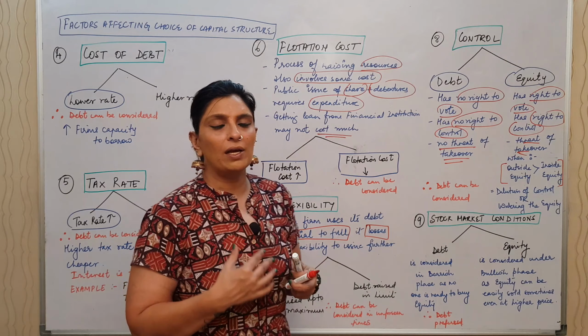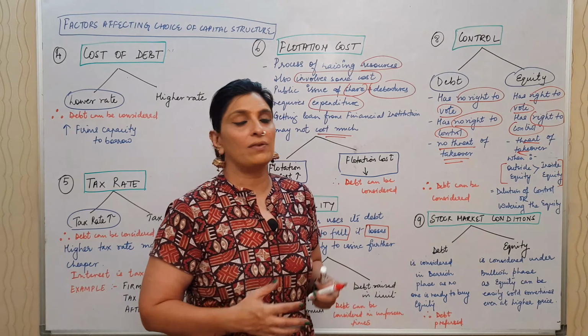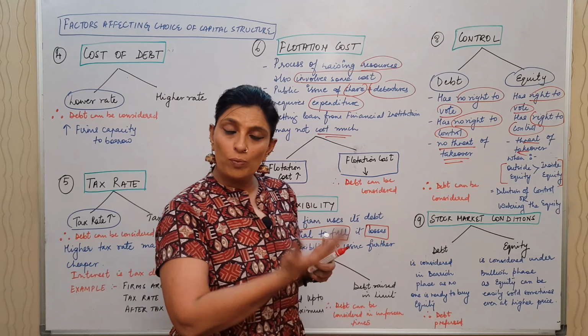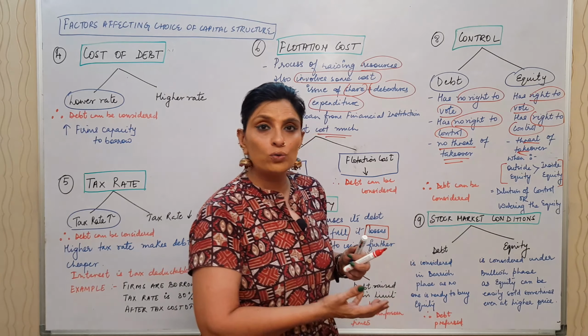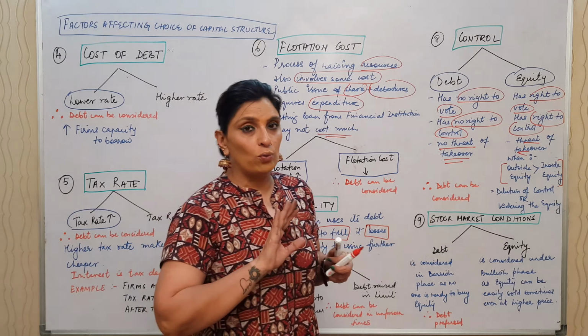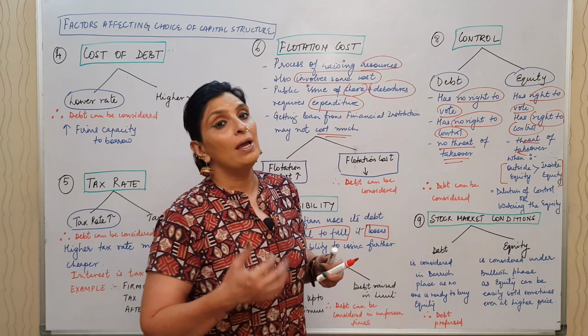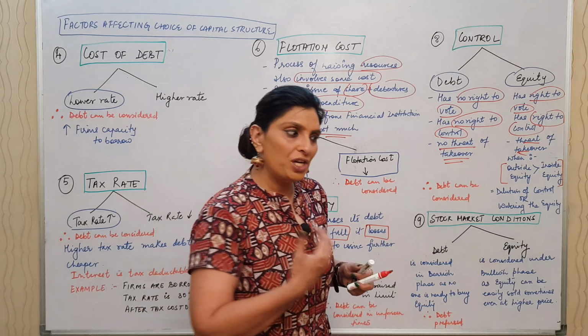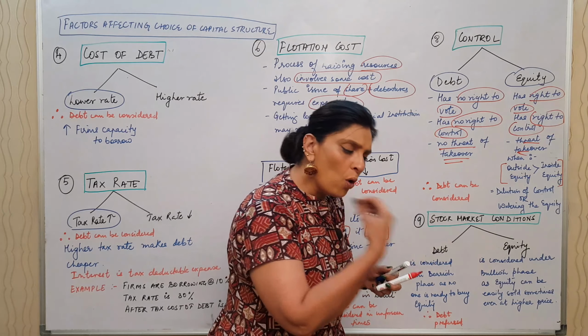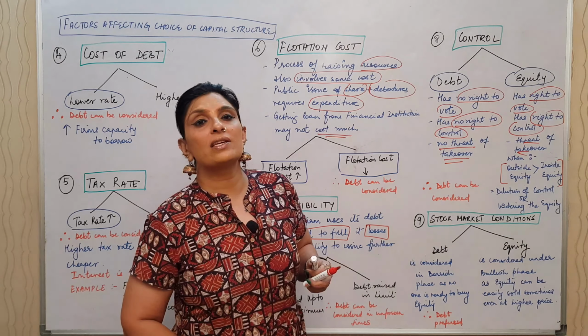For example, if we want more money and we don't want to include more people who lend money to us, we don't want too much debt. So we ask for equity shareholders. Equity shareholders are people who agree to buy the equity shares of the company. Maybe their equity shares could be more than the already existing equity shareholders.